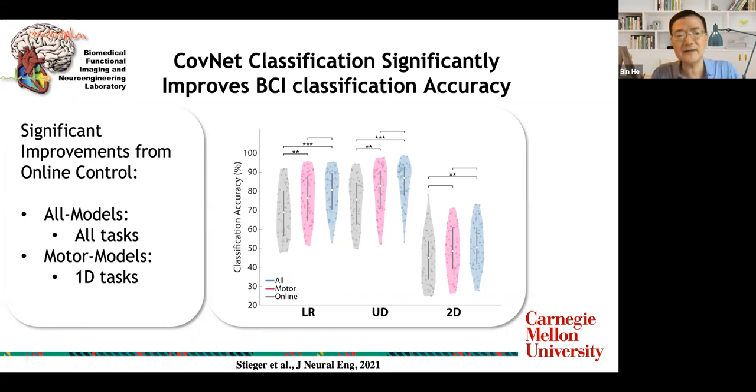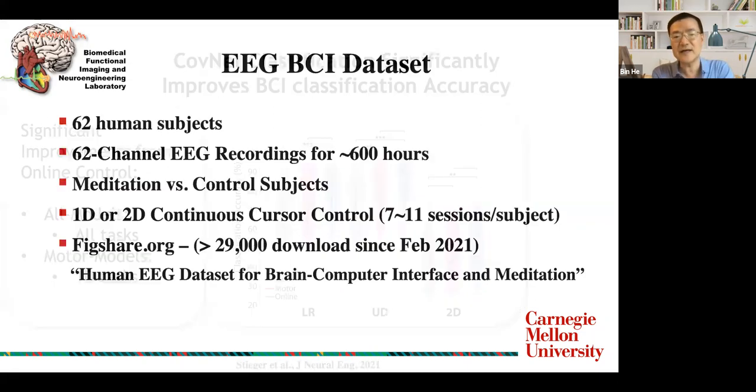What we found is that if we use all the electrodes covering the entire cortex, there is a statistically significant improvement in performance by using deep learning, in this case a convolutional network. The motor model, using 10 electrodes covering the motor cortex alone, provides a statistically significant better result in left-right or up-down 1D control. It does not provide a significantly improved result in 2D control. So this is the result that we got.